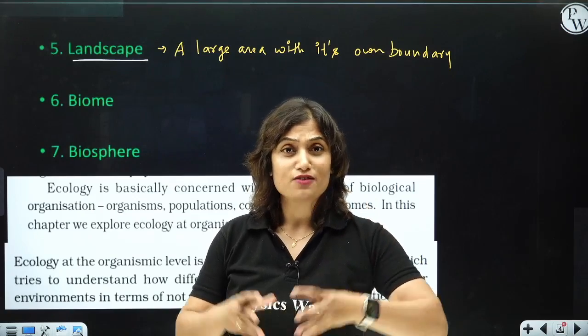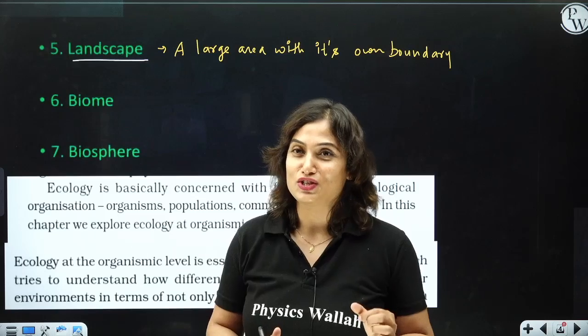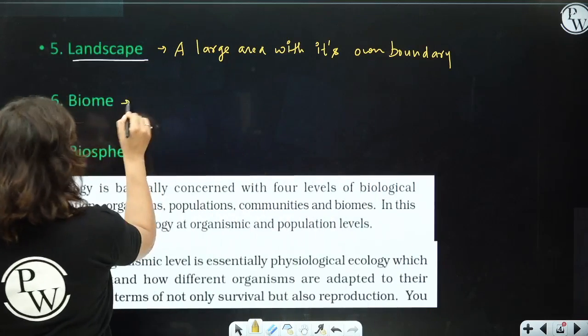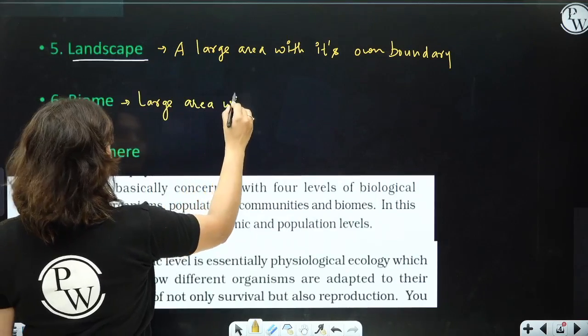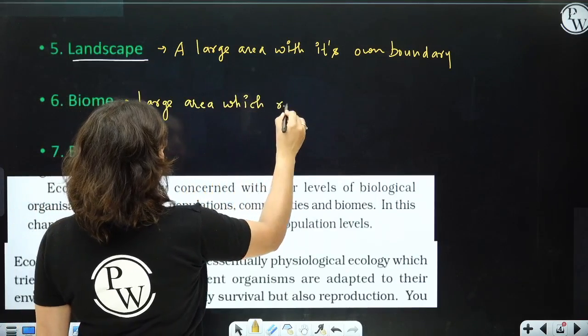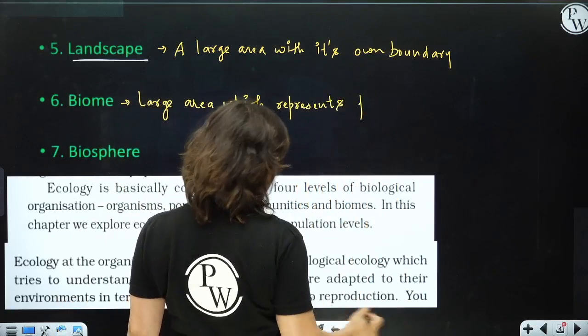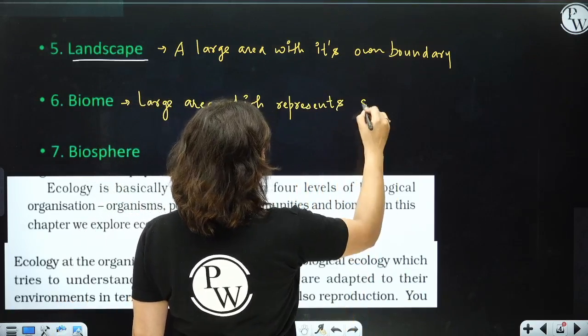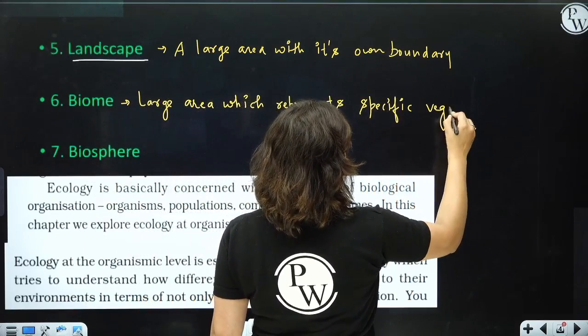So a biome is a very large area which represents a specific vegetation type.